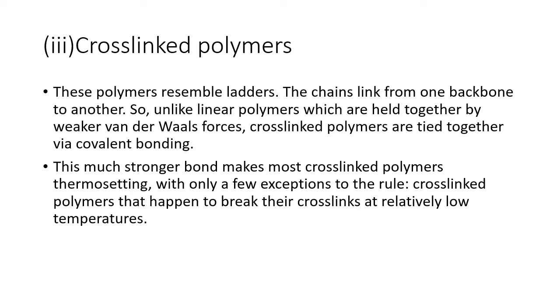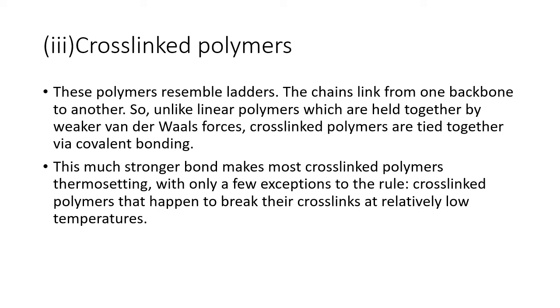So this much stronger bond makes most cross-linked polymers thermosetting, with only a few exceptions to the rule. So cross-linked polymers that happen to break their cross-links at relatively low temperature. These are the exceptions. Otherwise they are very hard because of the covalent bonding among them.